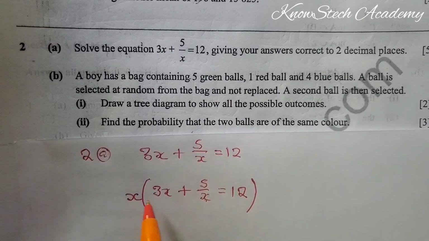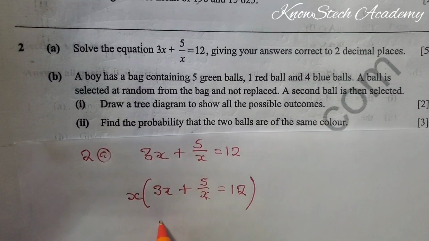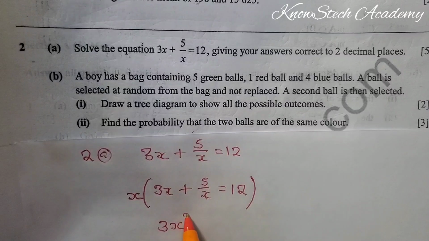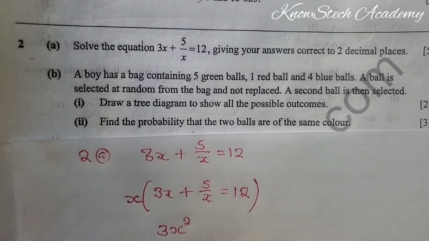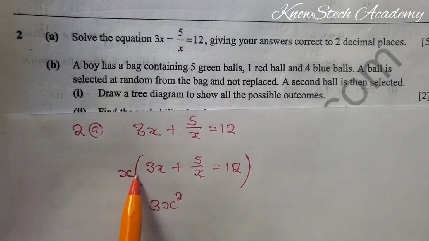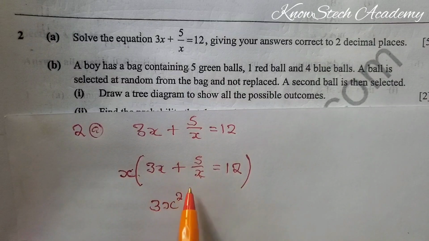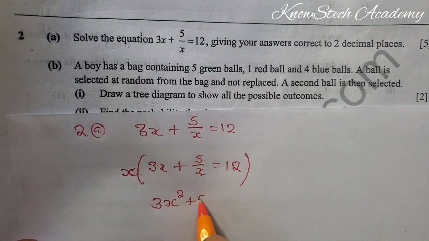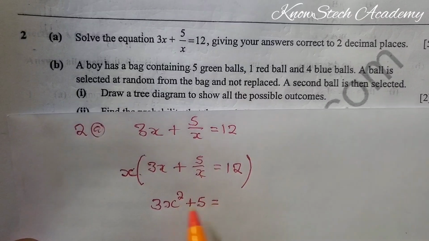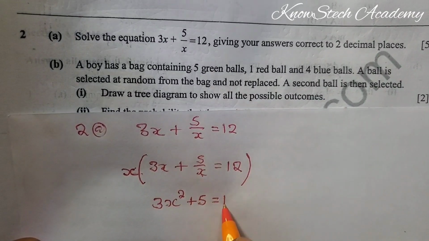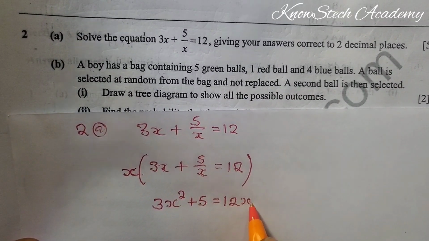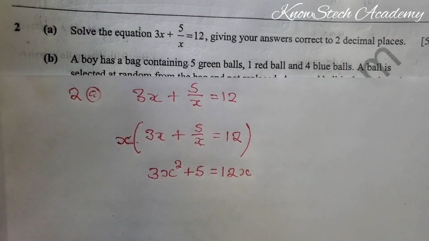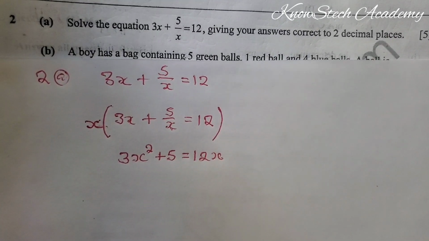Then let's multiply. x times 3x gives 3x squared. Then x and x cancel in the fraction, remaining with 5, equals x times 12, which is 12x. Our quadratic equation is forming.